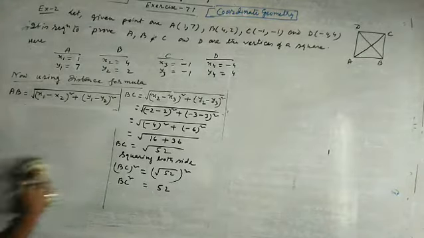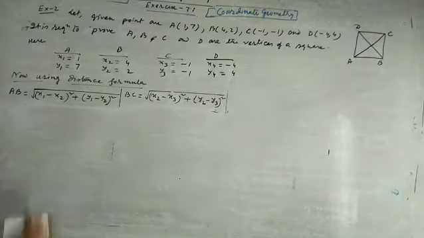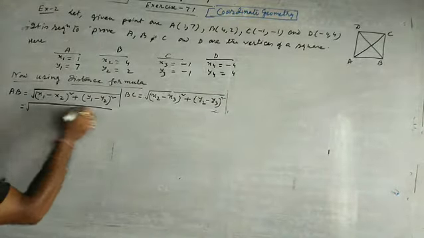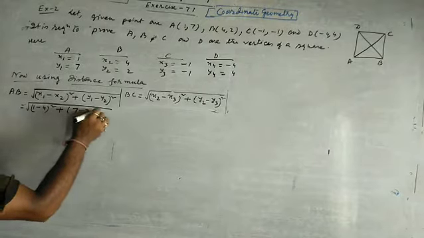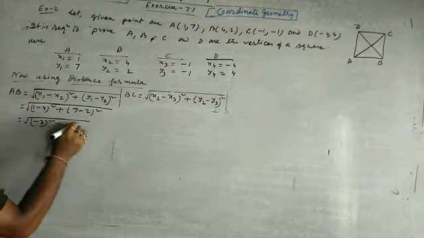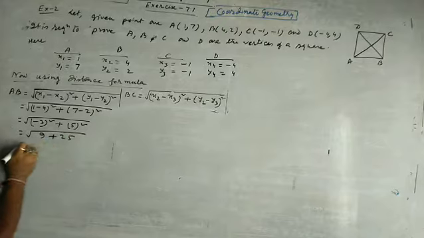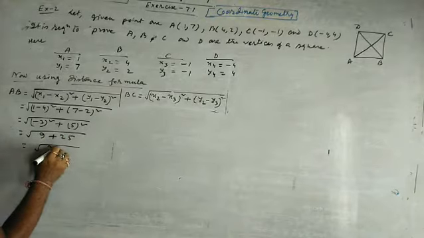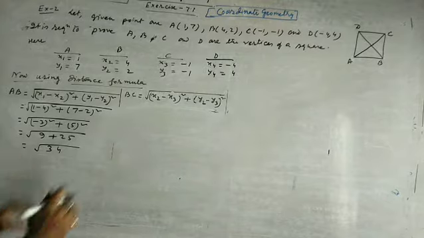So first we find AB. (1 minus 4) whole square plus (7 minus 2) whole square: minus 3, 5 squared, 9 plus 25, 34. Okay.